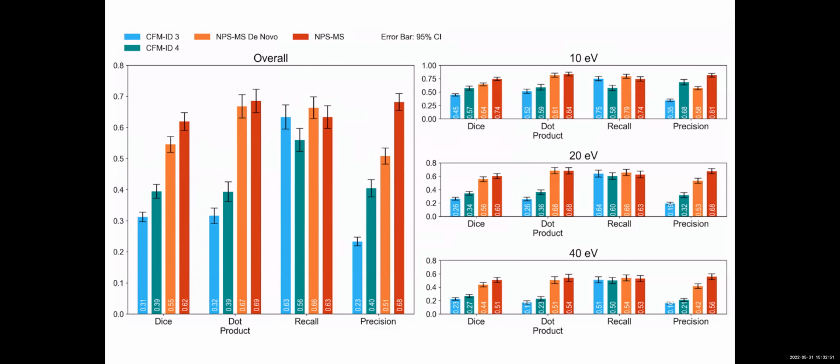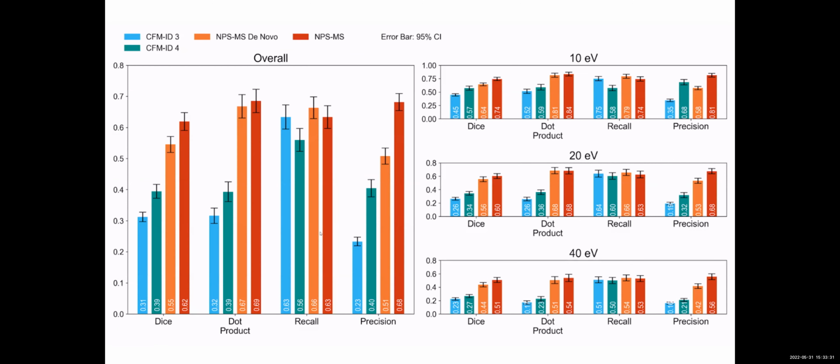As we can see, although CMID4 is a good leap from CMID3 on average, both in terms of dice coefficient and dot product, the domain-specific model almost doubles both measurements in terms of predicted spectral quality. And the training process is super fast, since the pre-trained CMID model already did the heavy lifting of extracting information from raw data.